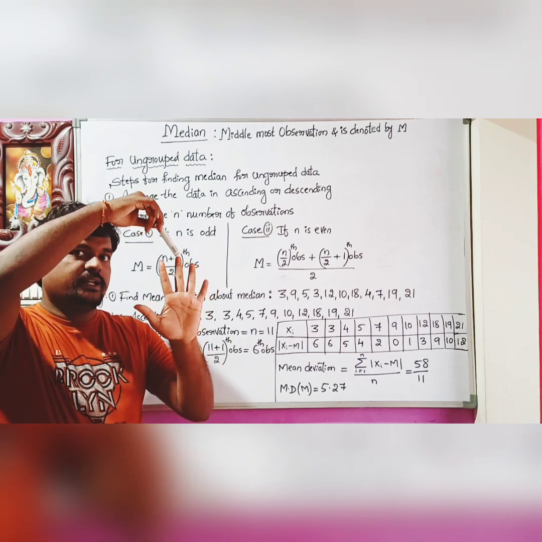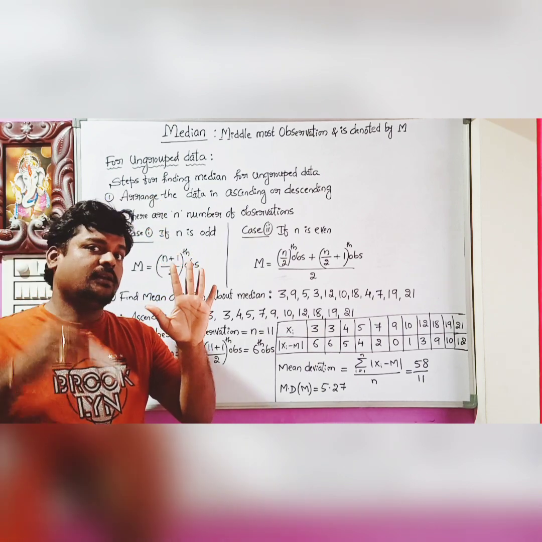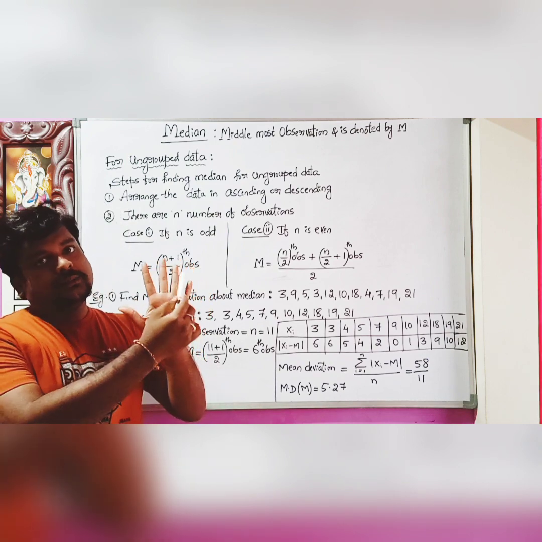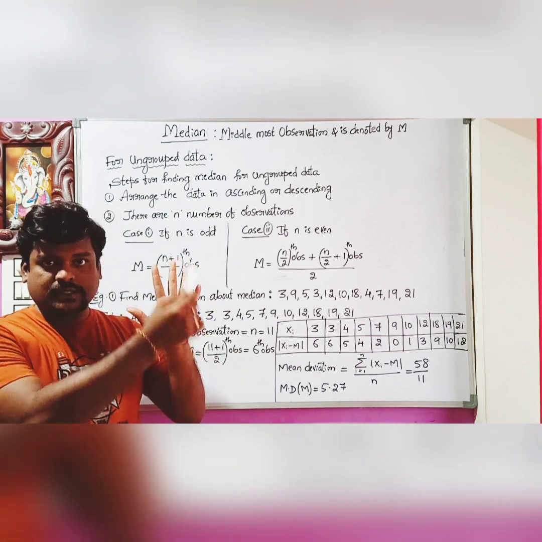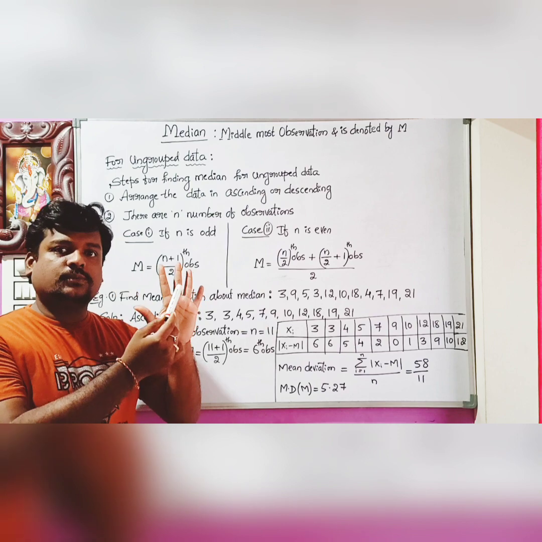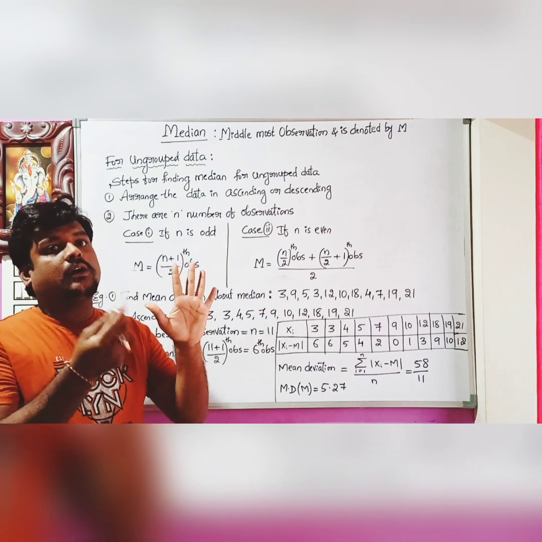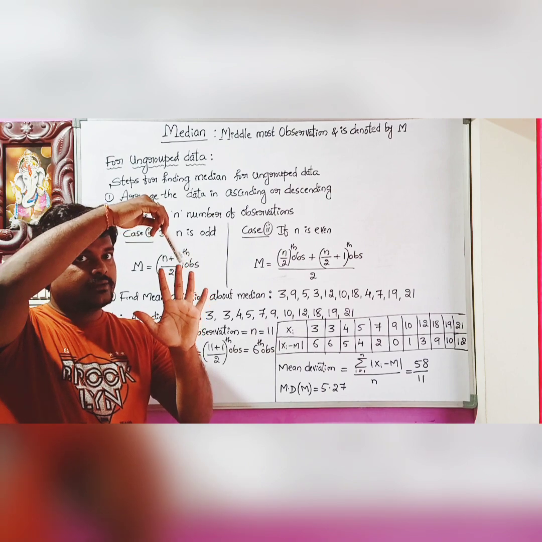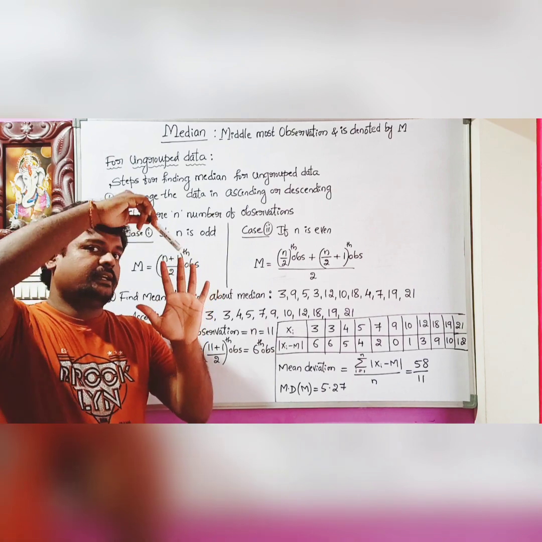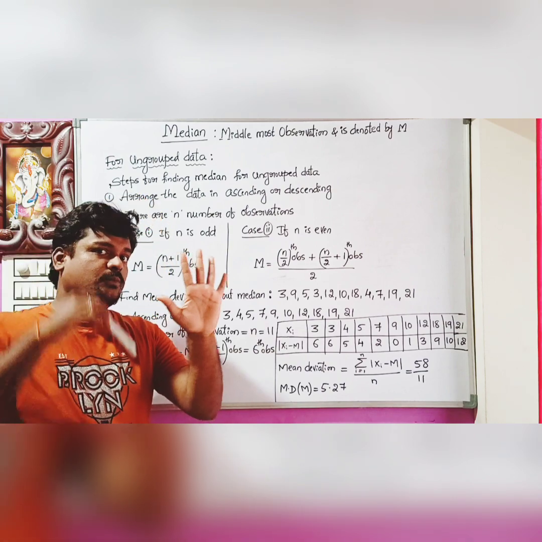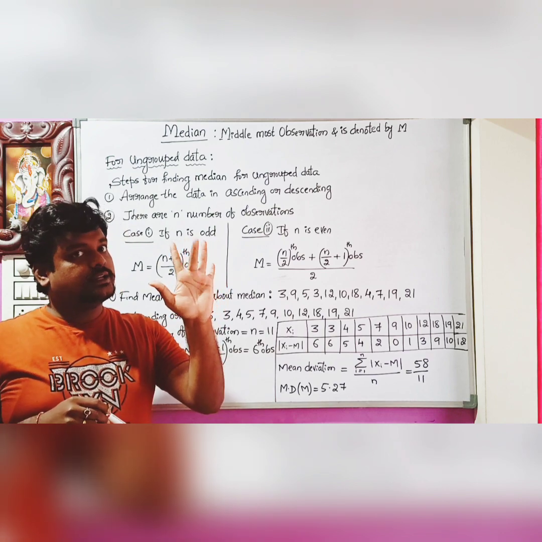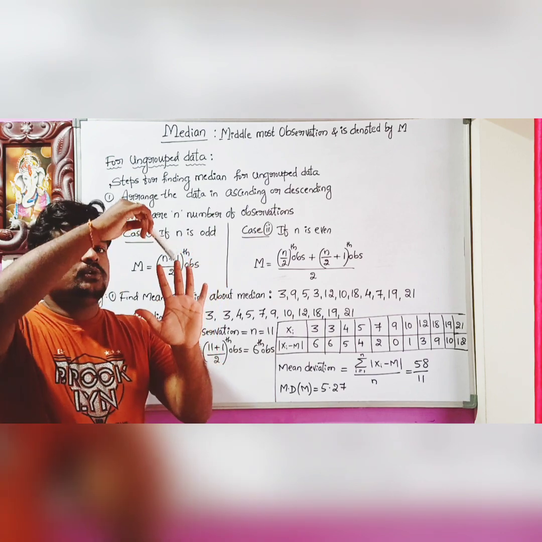The middlemost is this one. How to find it? There are 5 observations, so n is equal to 5. 5 plus 1 is 6, divided by 2 is 3. The third observation. First, second, third. This third one is called the middlemost. This is the middle one.